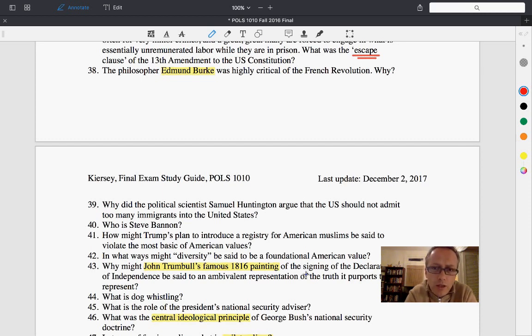And we said that he was highly critical of the French Revolution because it was too experimental. It was an extreme experiment with society that didn't take into consideration the importance of culture as a stabilizing role in French society.